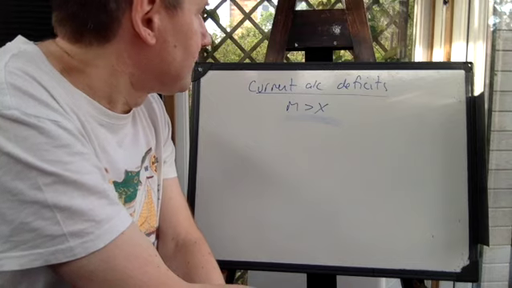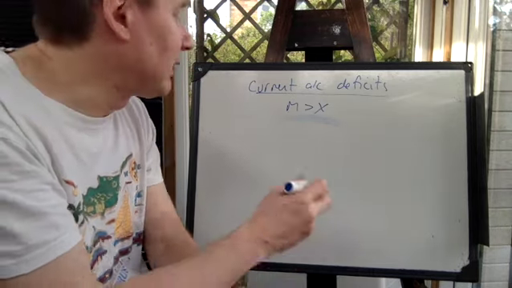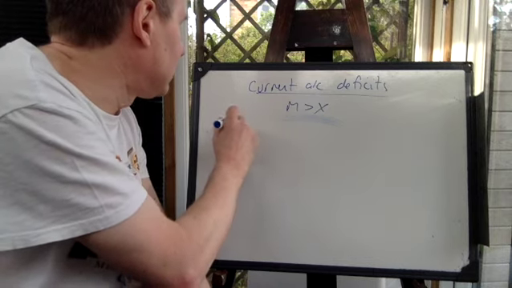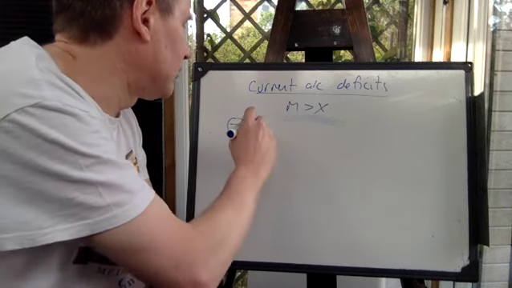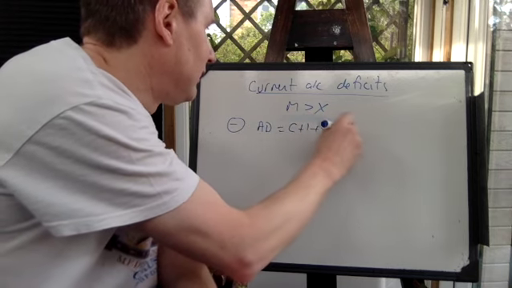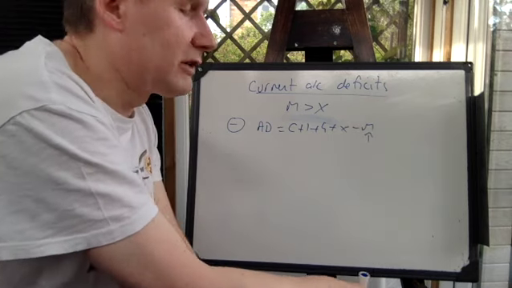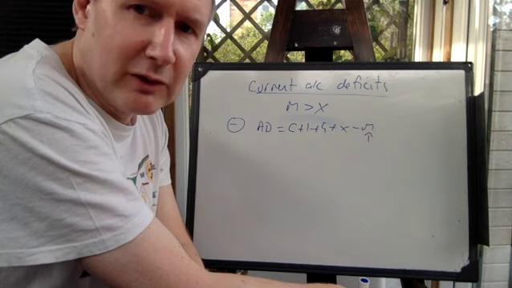So does that matter? On the one hand, there are negatives. The obvious one is that if imports are greater than exports, we know that aggregate demand is C plus I plus G plus X minus M, so aggregate demand is lower than it might otherwise have been.